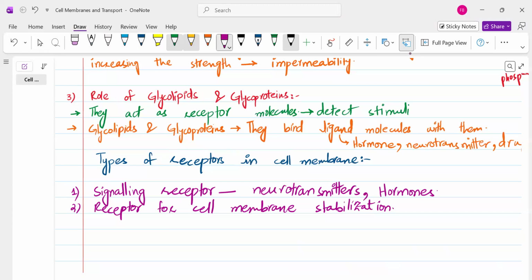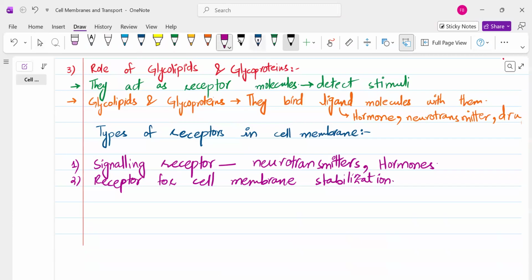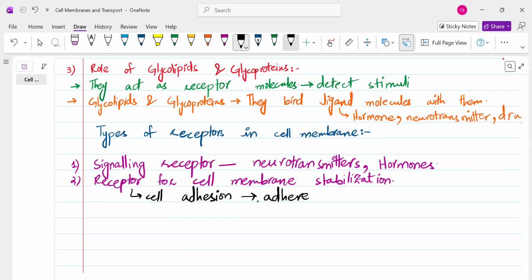Are you getting this? The concept of cell adhesion is one of the important things. I'm writing it over here: cell adhesion. Adhere. What is adhere? Adhere means to stick something over it, to stick something over the surface.